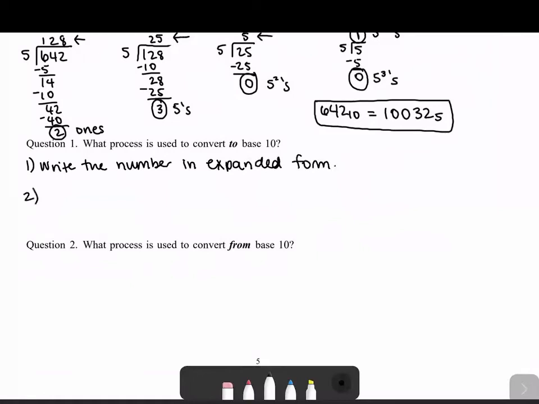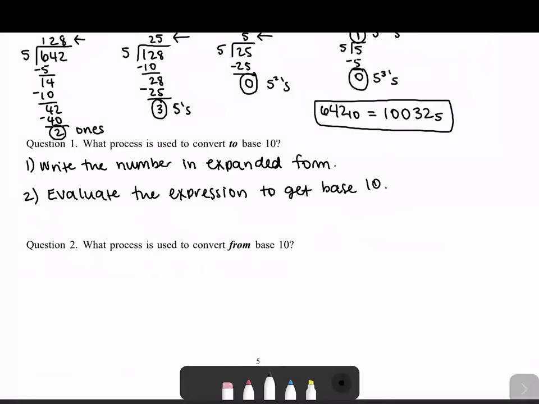And then once we had it in expanded form, all we had to do was evaluate the expression. And that is what gave us the base 10 number. So we evaluated the expression to get base 10. And remember, we just use the base 10 operations. We carry once we get a 10, and that was how we get to base 10.